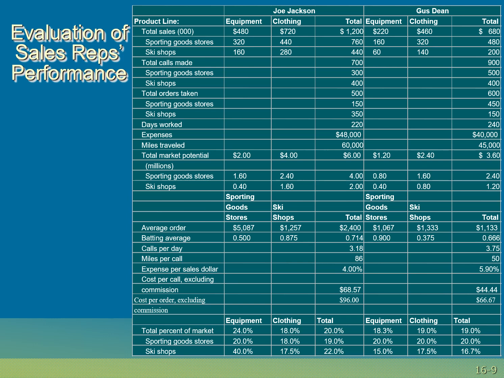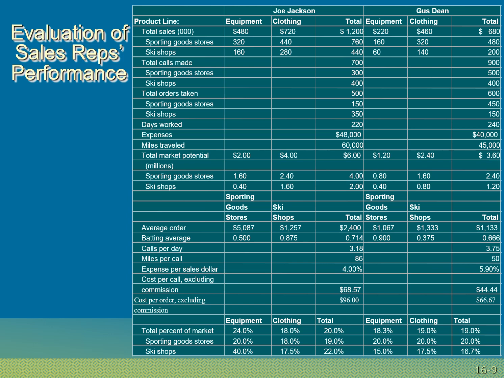Calls per day, Joe actually made fewer calls per day, right? And miles per call, Joe traveled a lot, we know that. Expenses per sales dollar, that's percentage-wise, Joe is more efficient, less expensive.